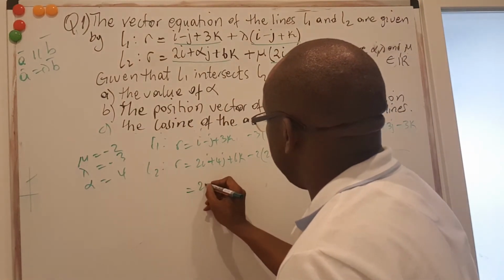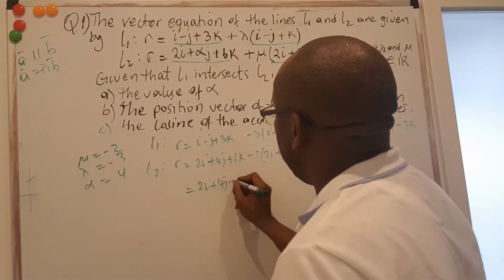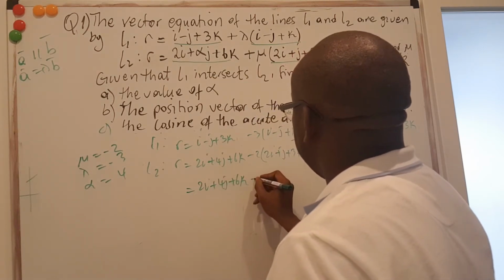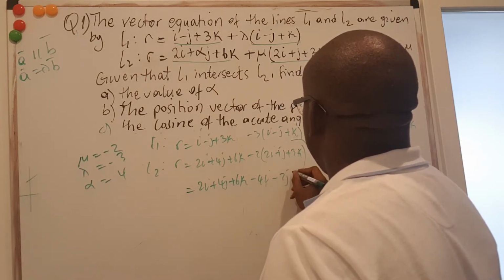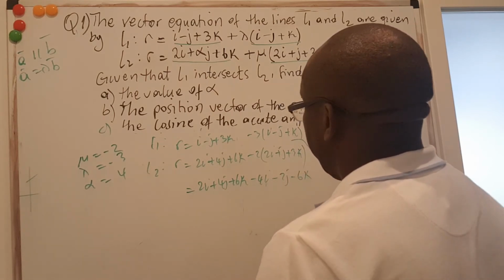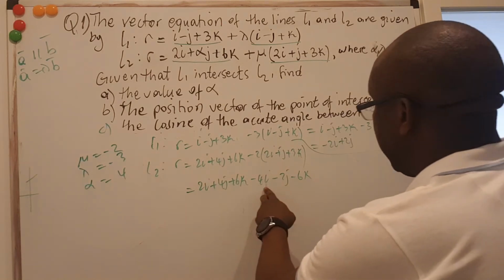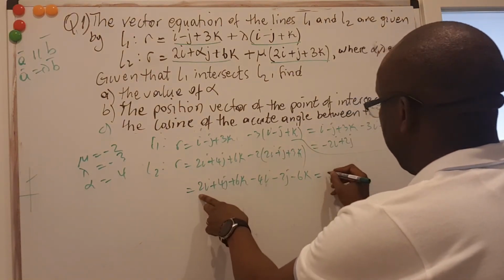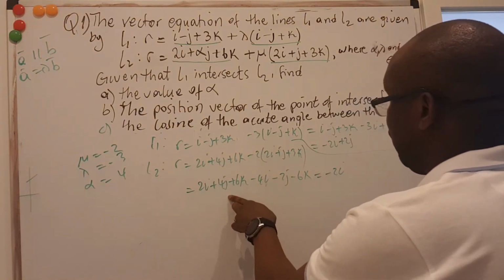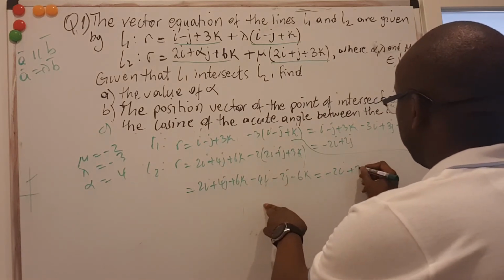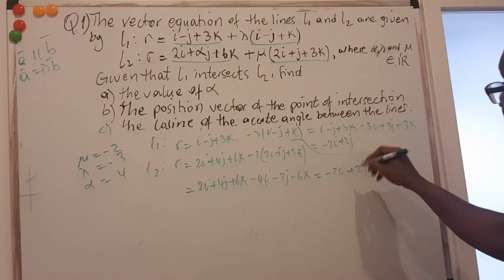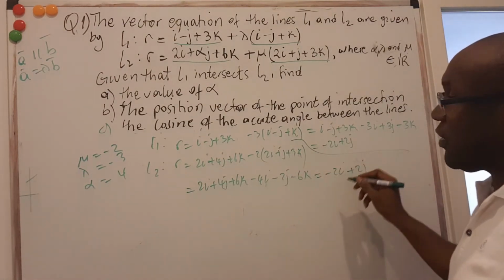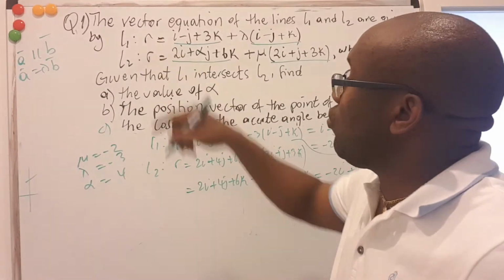This is 2i here plus 4j plus 6k minus 4i minus 2j minus 6k. So 2i minus 4i is minus 2i. 4j minus 2j is plus 2j. 6k minus 6k is gone. So you see they are the same. So this is the position vector of the point of intersection of the two lines.